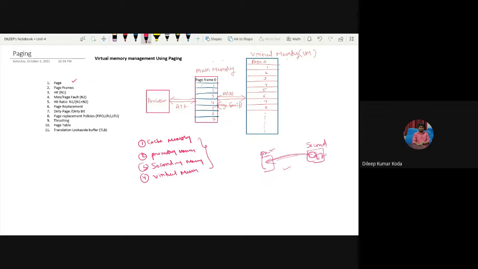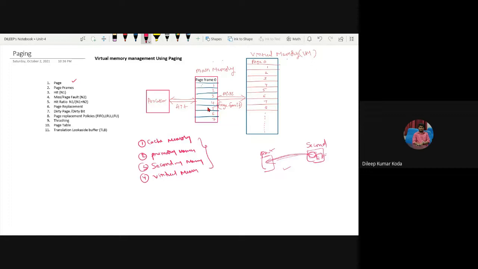A higher-end processor may use more than 4 KB. Next, equal size blocks. If you observe here, equal size blocks are divided in main memory, called page frames.